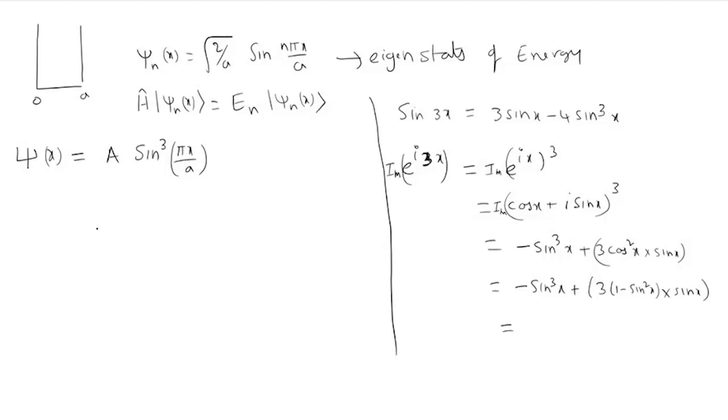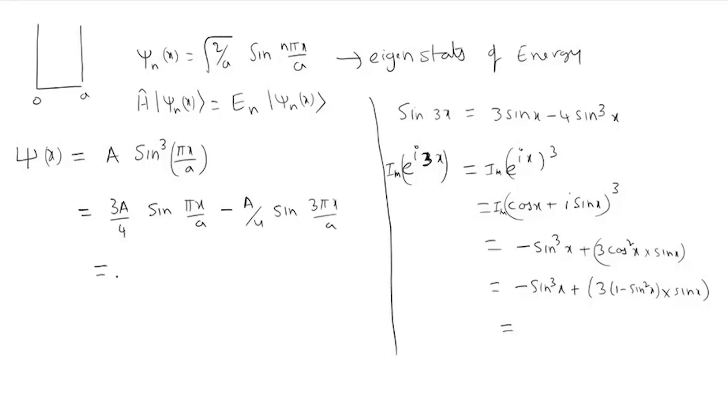So now that we know, you can reverse this and write this as 3a over 4 sine pi x over a minus a over 4 sine 3 pi x over a.